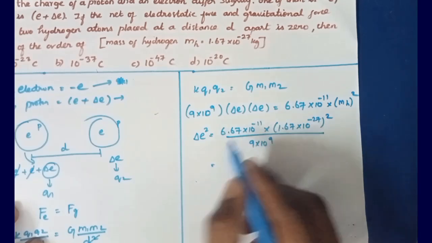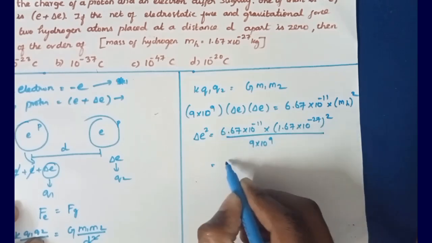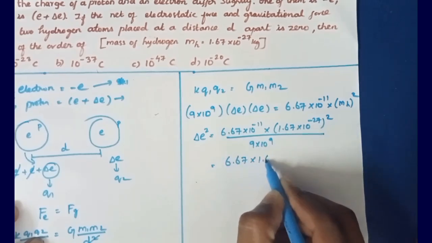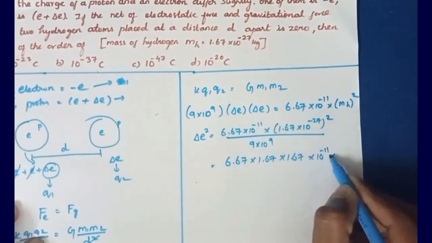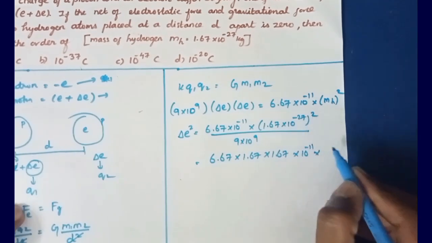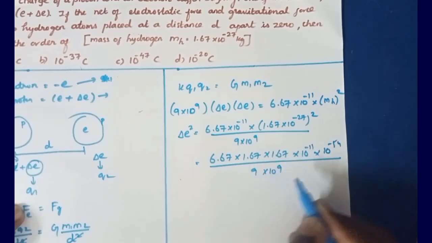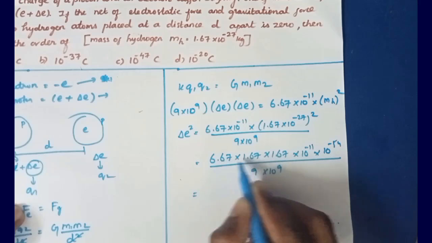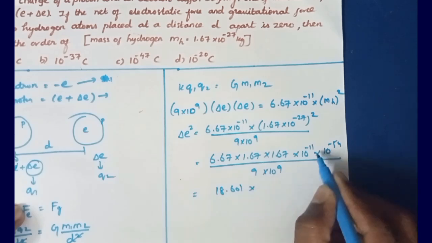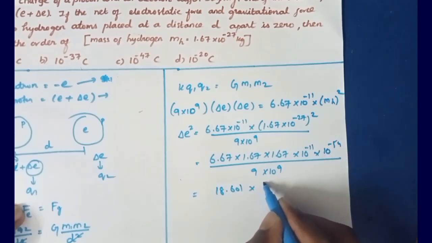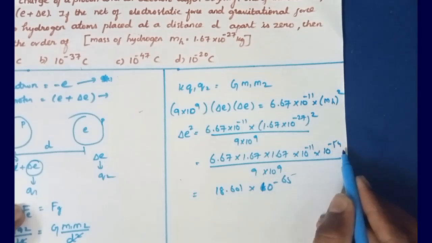If I solve this, rearranging the terms: 6.67 into 1.67 into 1.67, and 10 power minus 11 and 10 power minus 54, since 27 times 2 is 54, over 9 into 10 power 9. Multiplying the first three terms gives approximately 18.601 into 10 power minus 65, since 11 plus 54 is 65.